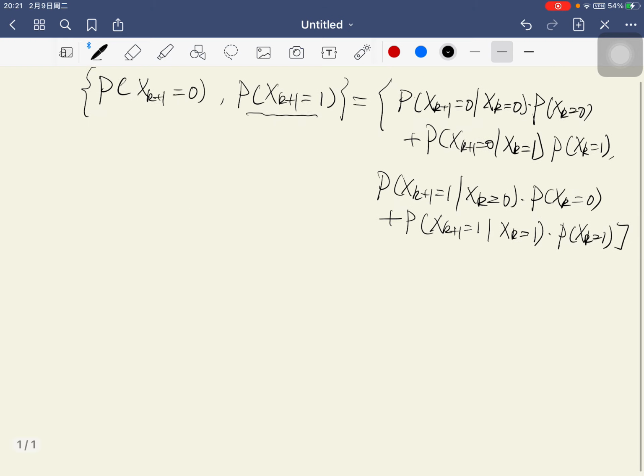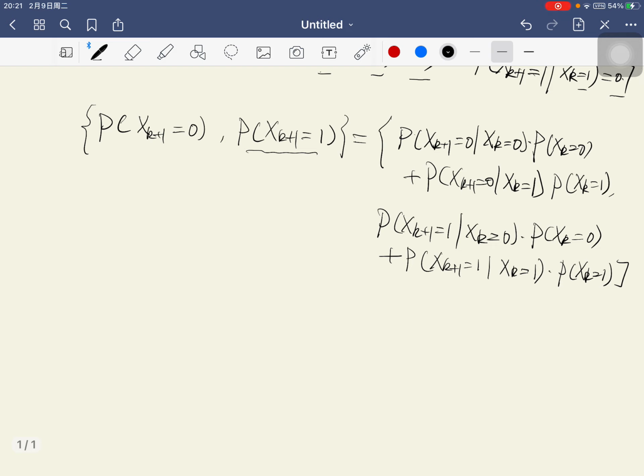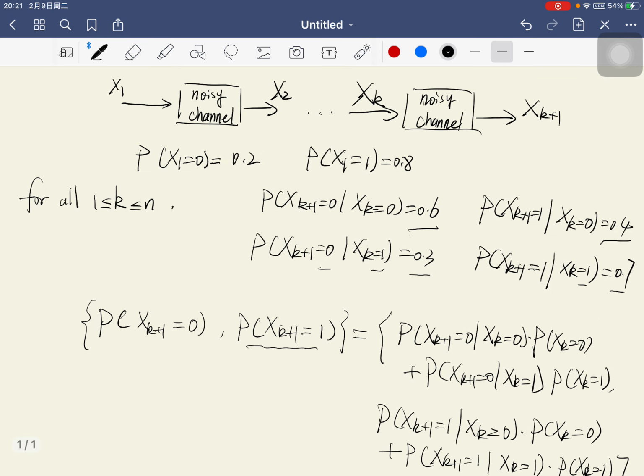So it can be written as the matrix of the probability of xk equals 0 and the probability of xk equals 1, times the matrix of the conditional probabilities.